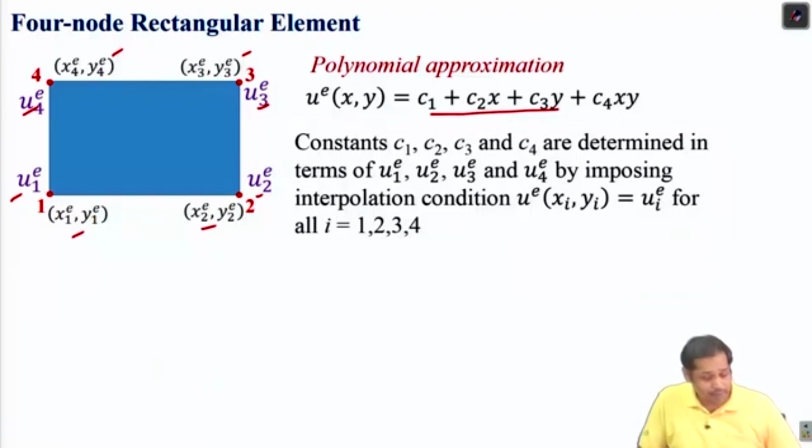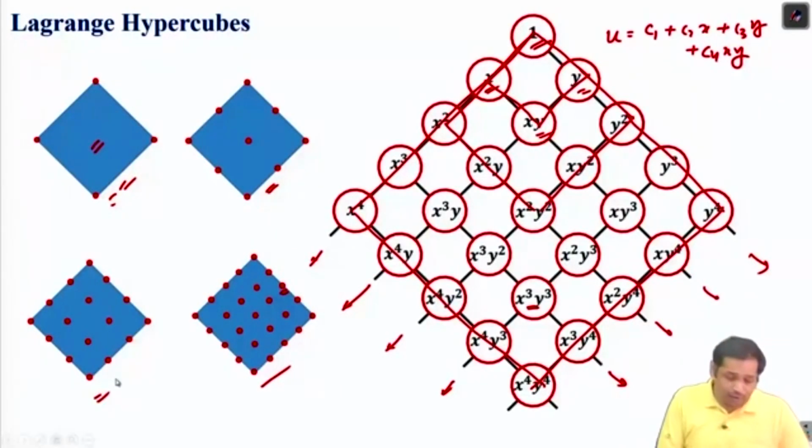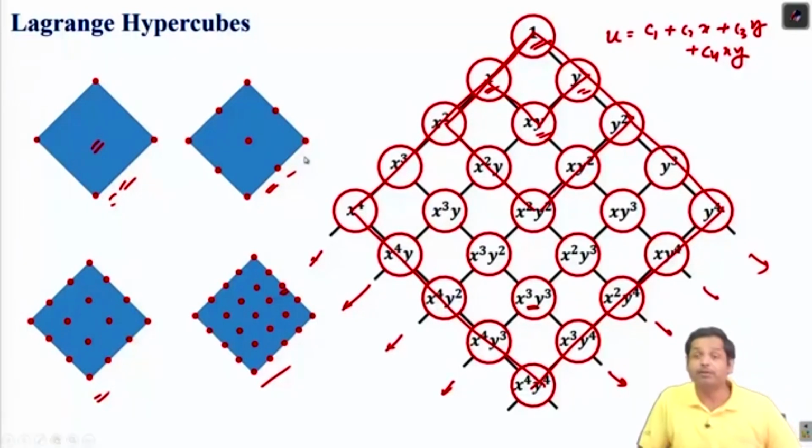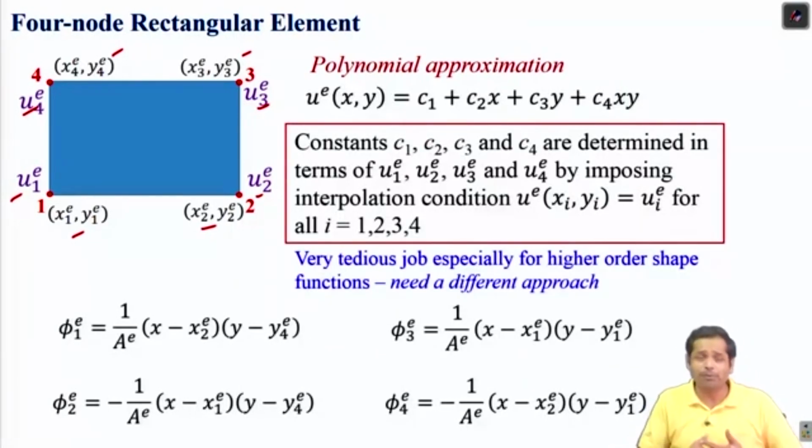But if you have an element like this, or an element like this, even for an element like this you have to invert a 9x9 matrix every time we construct the shape function. Here you have to invert a 16x16 matrix. So this process is very tedious. We need to think of something more sophisticated, more elegant to construct shape functions for these kinds of elements.